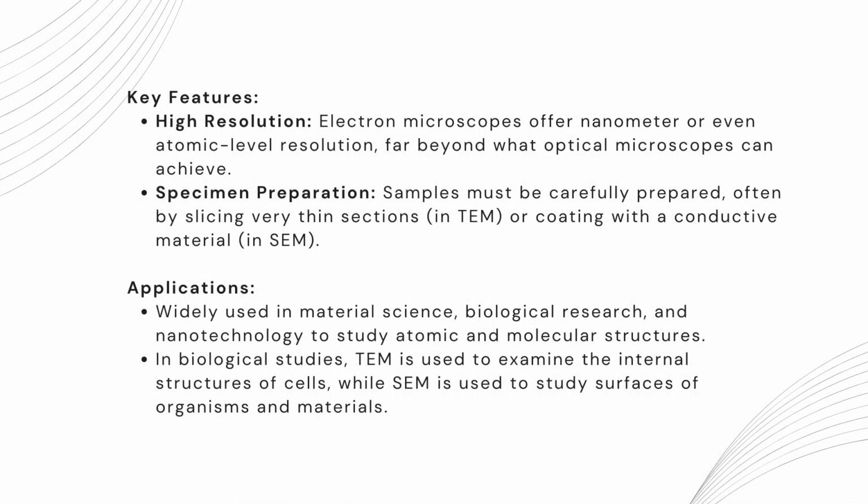Key features include high resolution and specimen preparation, whereas the applications are that it is used in material science, biological research, and nanotechnology to study atomic and molecular structures. In biological studies, TEM is used to examine the internal structures of cells, while SEM is used to study surfaces of organisms and materials.